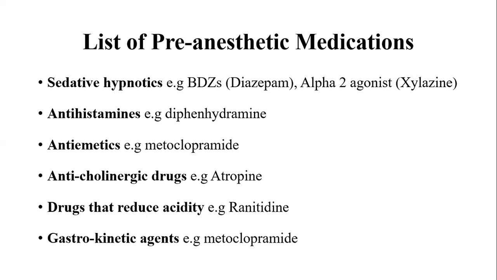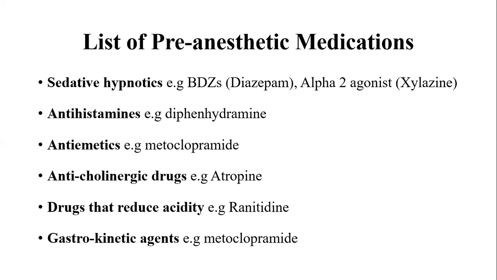For example, vomiting that can lead to aspiration pneumonia. For example, salivation that can lead to laryngospasm or aspiration pneumonia. So in order to avoid these complications during the surgery, we use pre-anesthetic medication. Okay. So the basic purpose of pre-anesthetic medication is to avoid complications or undue consequences during the surgery.